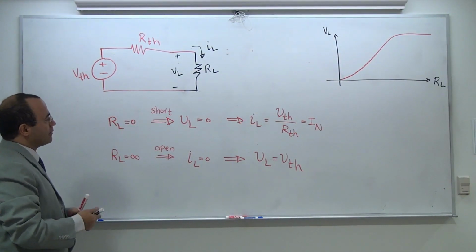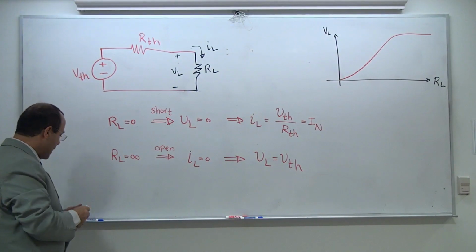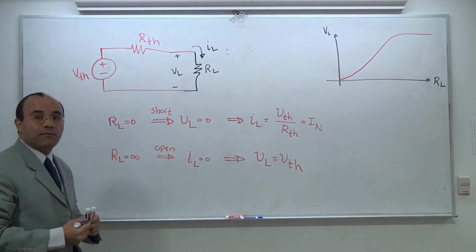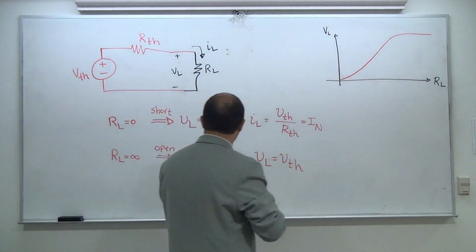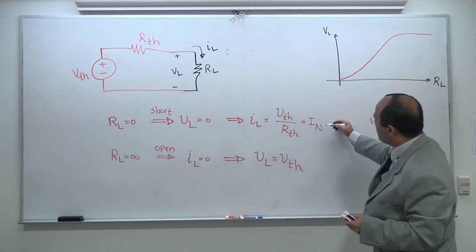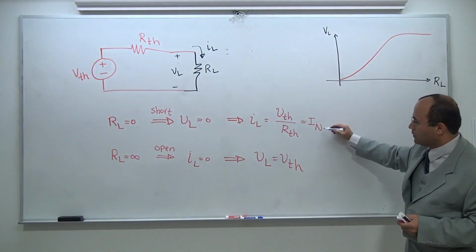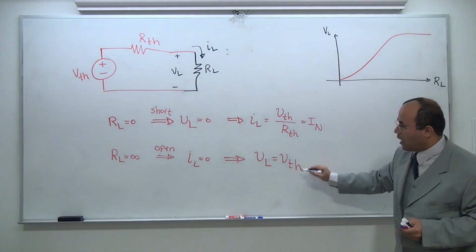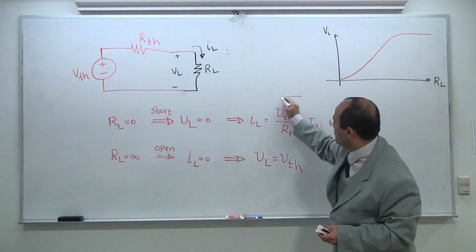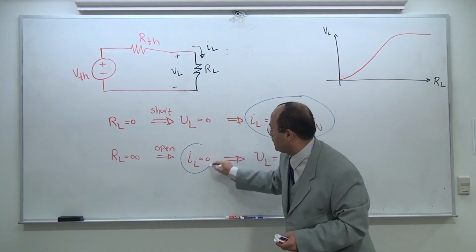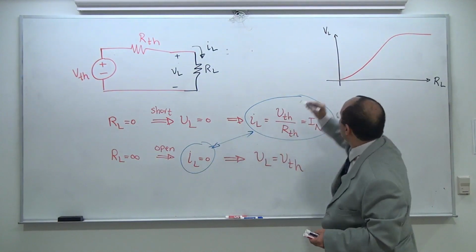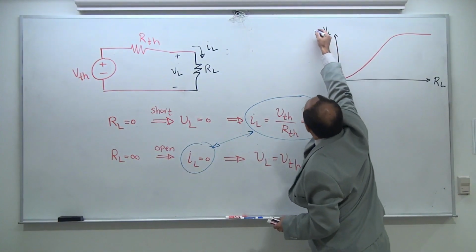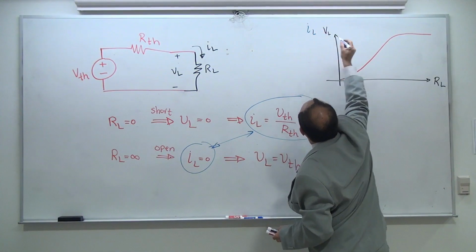If you take a look at the current, in blue I'm going to draw, what happens? When RL is 0, I'm going to have the maximum current. When RL is infinity, I'm going to have the minimum current. Let's plug this. Maximum current, I'm going to write it as the blue.